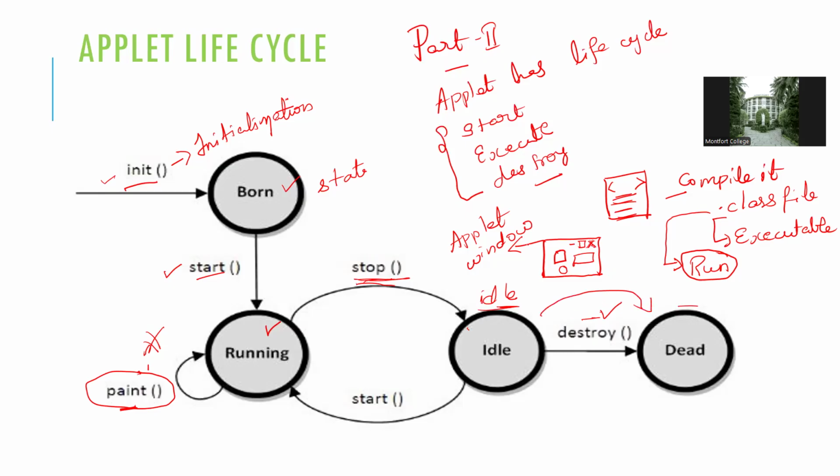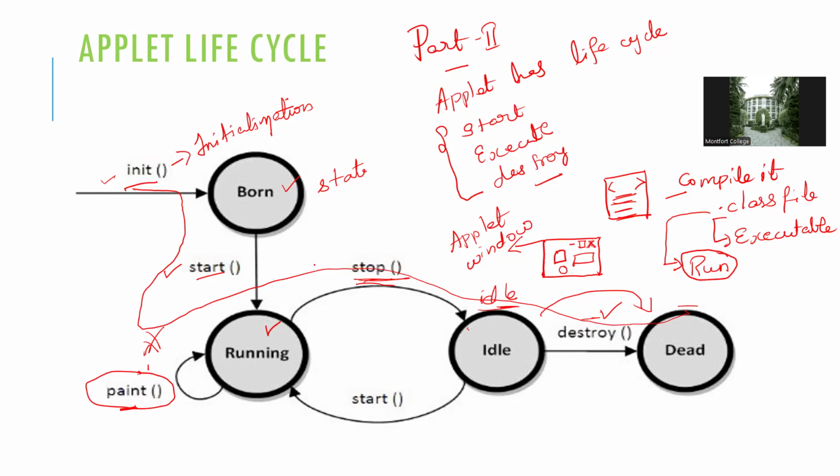This is one side of the case. We started from the init function, then the start method, then paint, then stop, then idle, then destroy, then dead. This is one way.